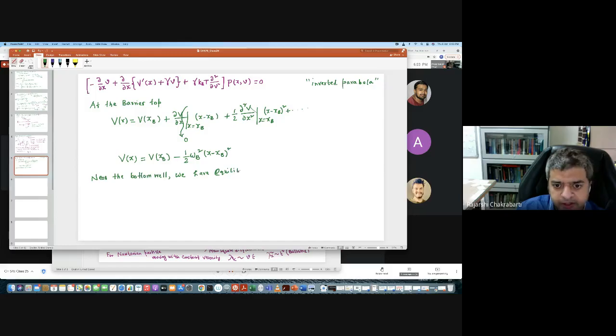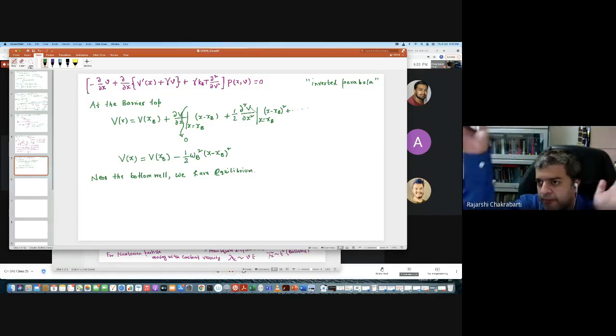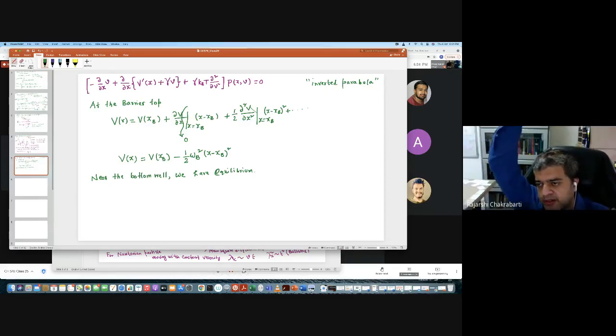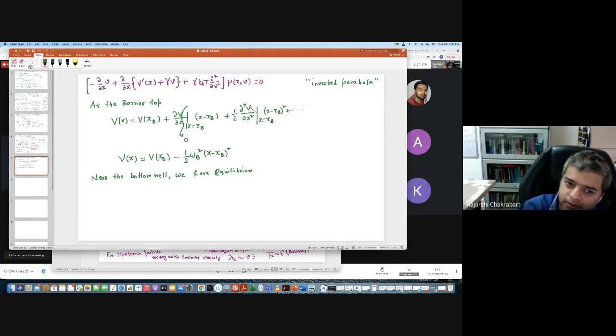The particles equilibrate fast at the bottom well, and then it will leak. So the barrier has to be quite large. If the barrier is small, then even before it attains this Boltzmann distribution, it will leak. Then this description is not valid. So the barrier is large enough so that you have enough time for the particle to settle down and have a Boltzmann distribution around the reactant well.